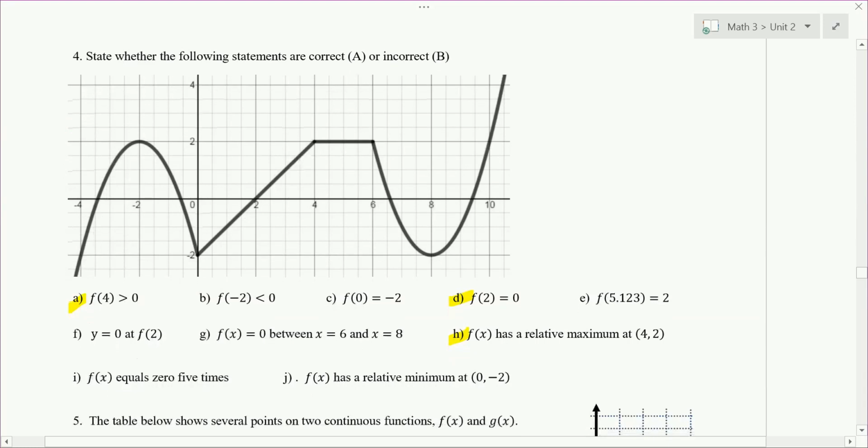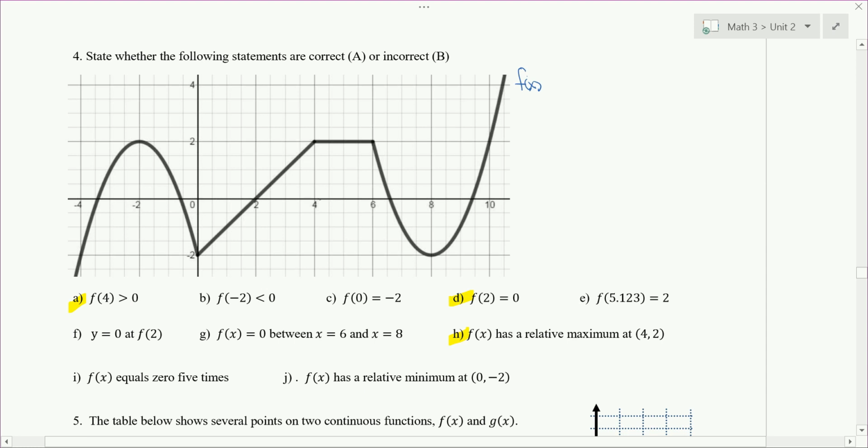Number 4, I'm going to do just a few of these. We'll start with A. And we need to state whether the following statements are correct or incorrect. So assuming this function is f of x, it's not labeled, but everything refers to function f. So it's asking if f of 4 is greater than 0.